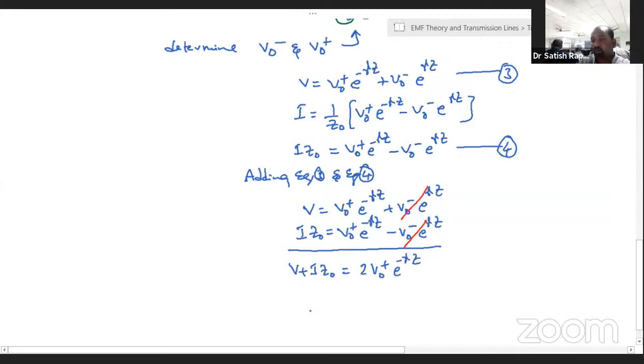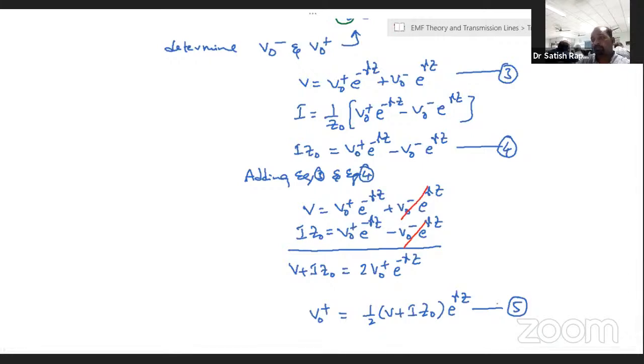Therefore V naught plus is equal to 1 by 2 (V plus I Z naught) e power gamma z. Let us say this is equation 5.